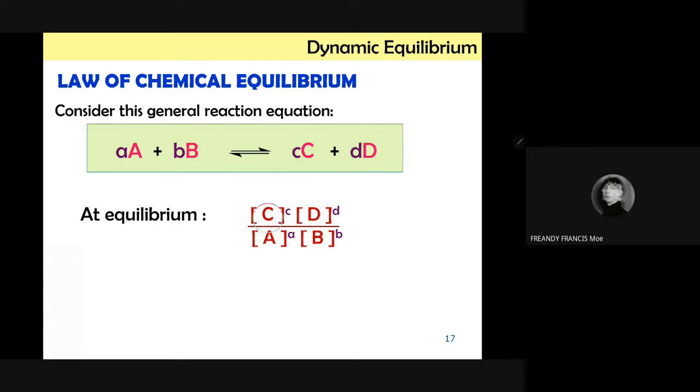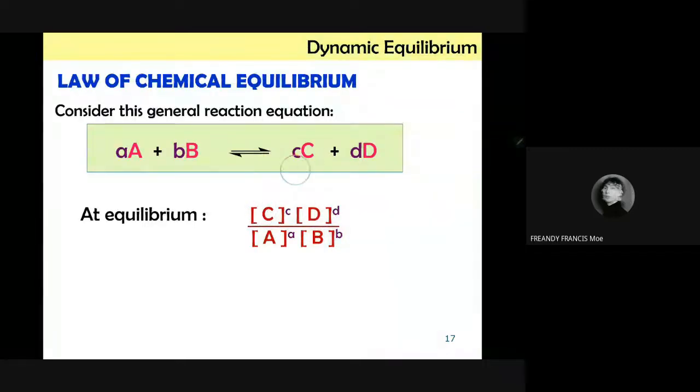kat equilibrium kita boleh buat nisbah concentration of C to the power of stoichiometric coefficient C kecil multiplied by concentration of D to the power of its stoichiometric coefficient divided by concentration of A to the power of its stoichiometric coefficient multiplied by concentration of B to the power of its stoichiometric coefficient.